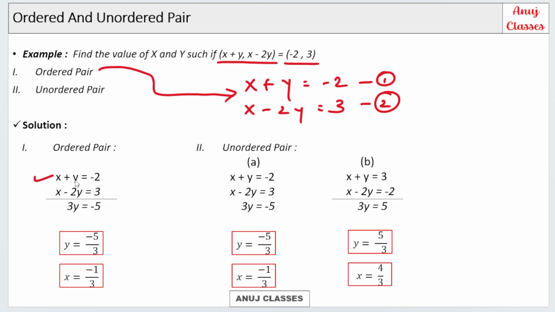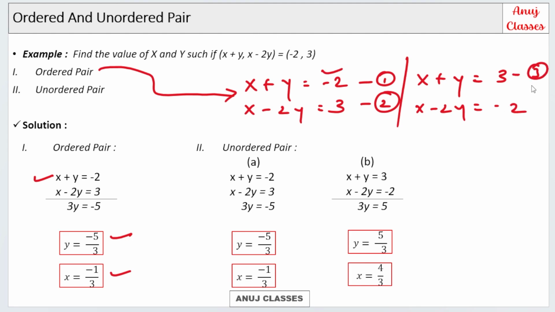So here we have written x plus y is equal to minus 2, x minus 2y is equal to 3, and on solving we'll get x is equal to minus 1 by 3 and y is equal to minus 5 by 3. In case of the unordered pair, we'll have one more case in which I can write x plus y is equal to 3 and x minus 2y is equal to minus 2.